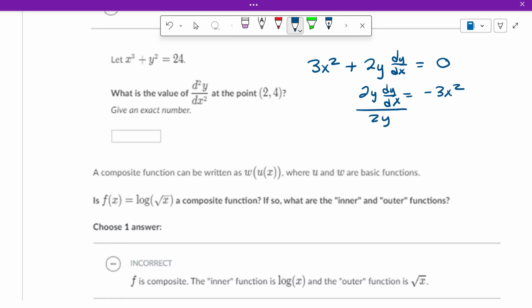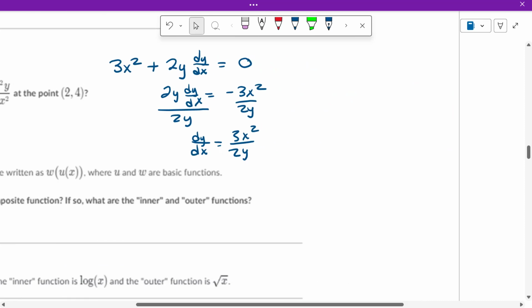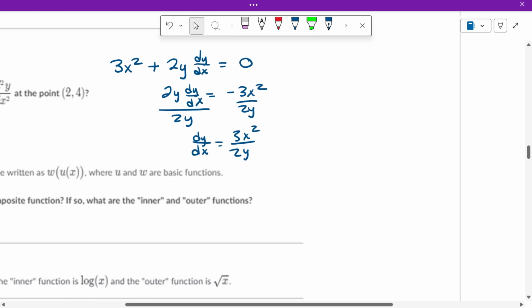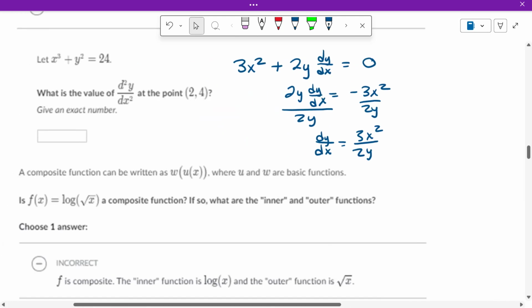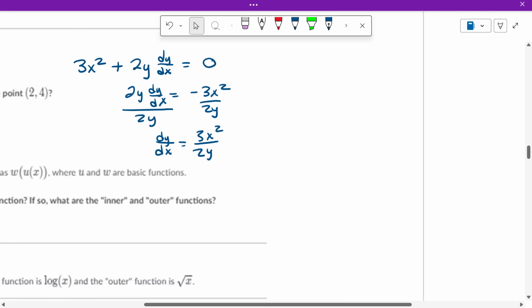And divide by 2y. Nope. You got to take the second derivative. It says, what's the second derivative? So now we do the quotient rule.